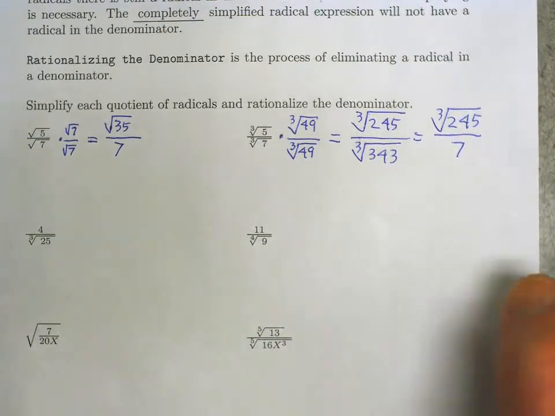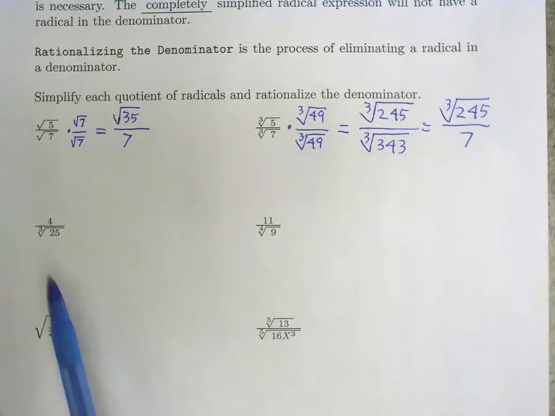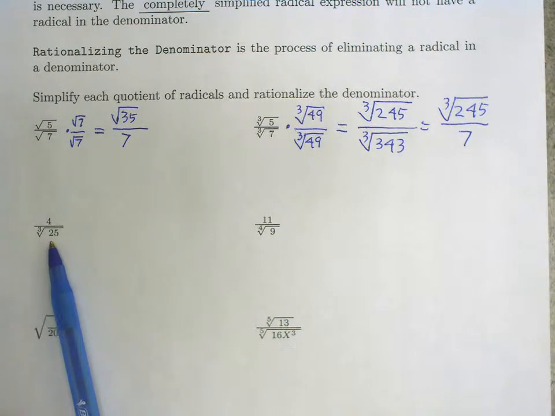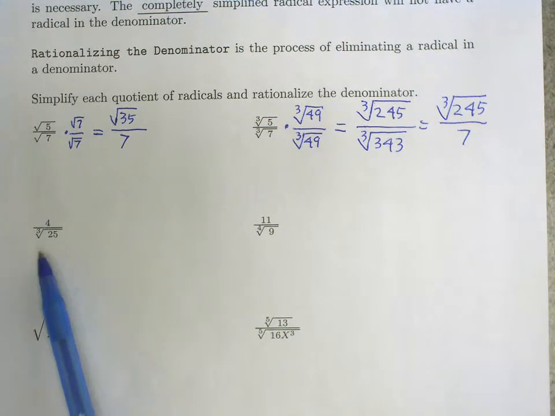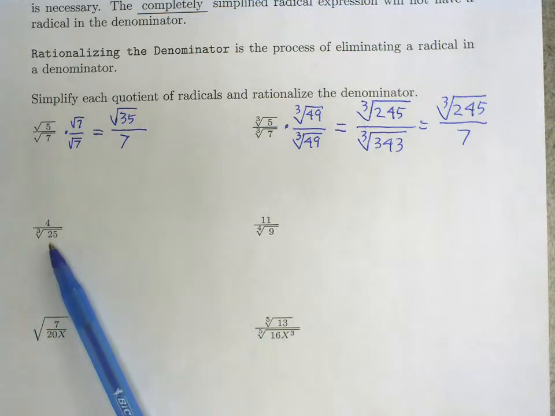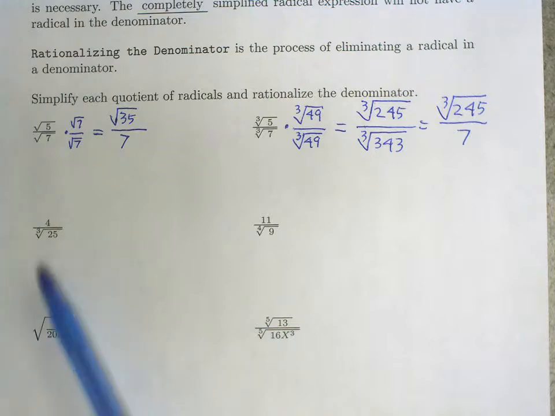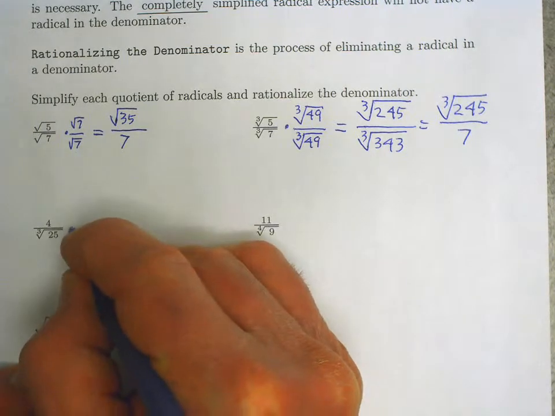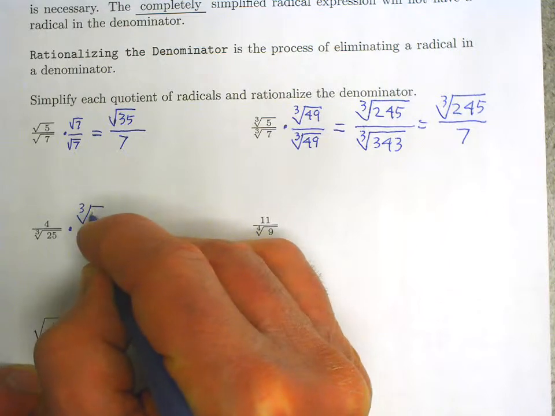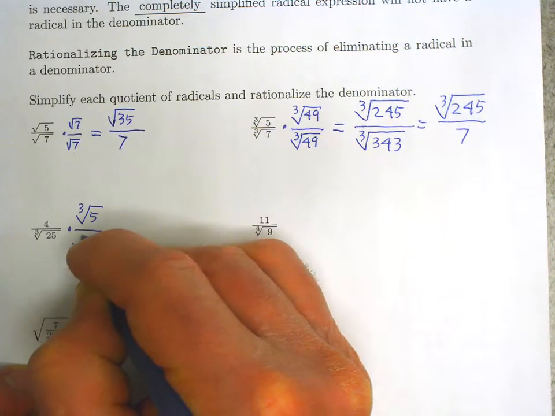Okay, so we can start to pick up the pace a little bit. On this one, 4 divided by the cubed root of 25. 25 is 5 to the second. So if you multiply 5 to the second times 5, you get 5 to the third. So in this one, we're going to multiply by 1 in the form the cubed root of 5 divided by the cubed root of 5.